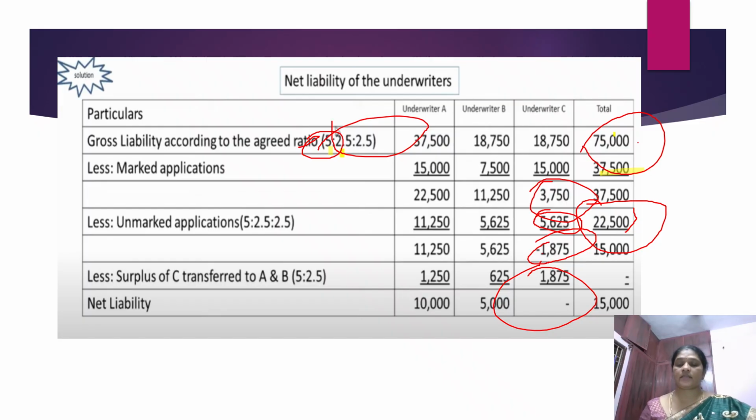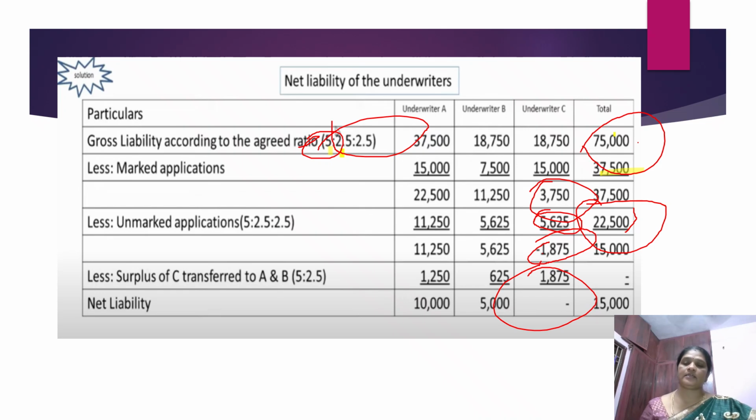If they are not getting it, they must refund the full amount from the subscription amount. It creates a bad image among the public. So they can appoint underwriters. The underwriters act on behalf of the company and can subscribe the shares and debentures.